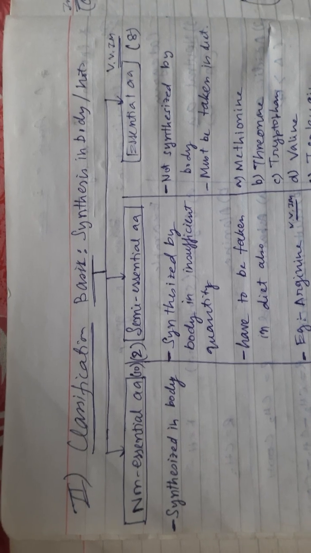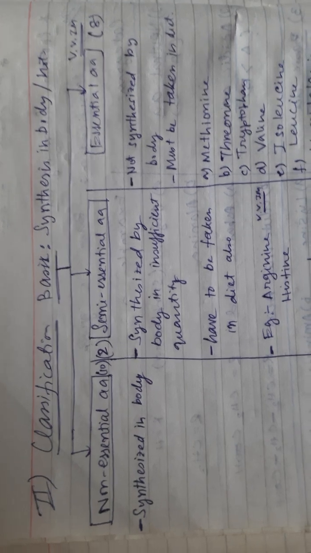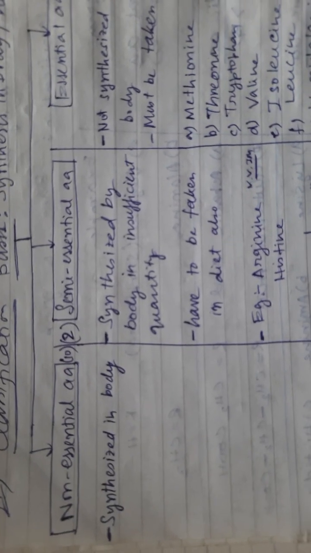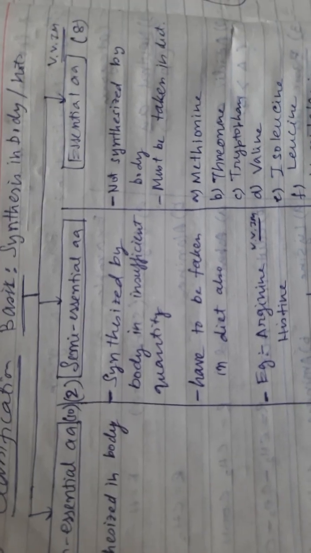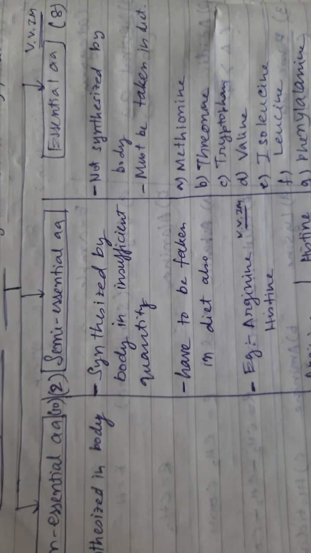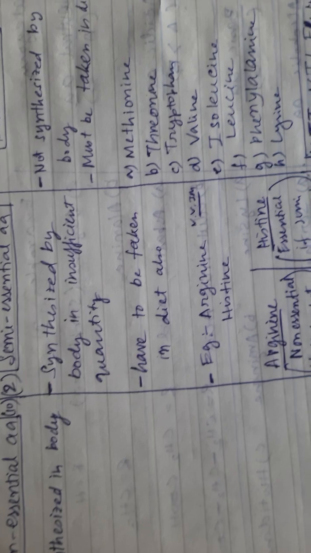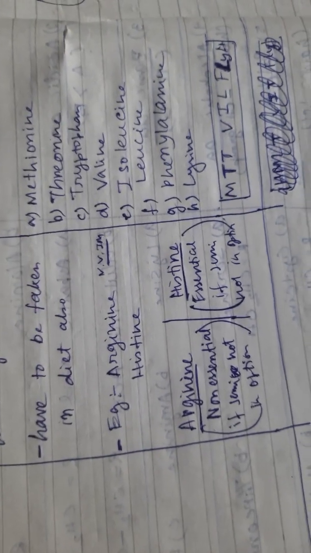Another basis of classifying them is whether they are synthesized in the body or not. Non-essential amino acids are synthesized in the body; there are 10 of them. Then there are semi-essential ones, which are synthesized in the body but in limited quantity, so they also need to be taken in diet, and these are arginine and histidine.